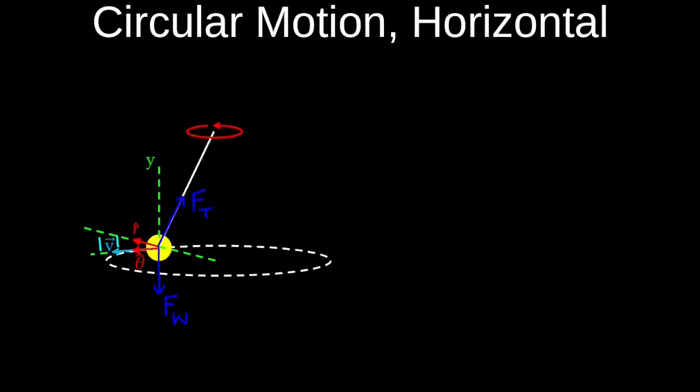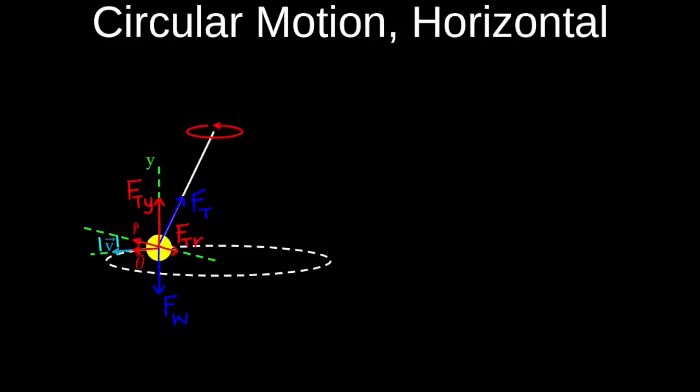So one component of this force is going to oppose the force of weight, because there's no motion in the vertical direction. And one component is going to point to the center of the circle to keep that ball travelling along a circular path.